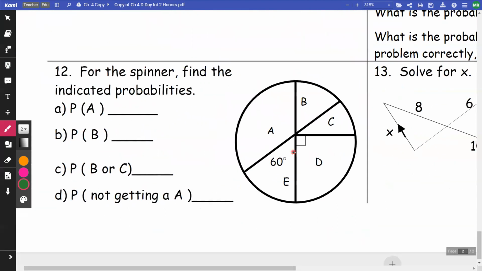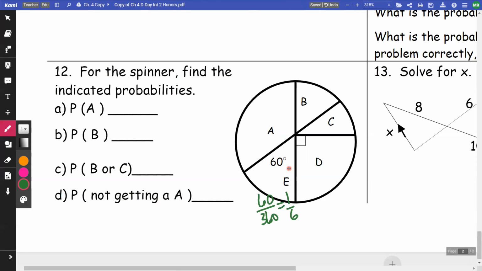Okay, over here we have the spinner. We know that this is 60 degrees. So this is going to be 60 out of 360, or 1/6 if we want to reduce it.